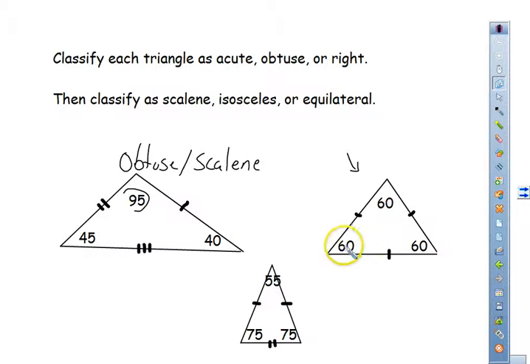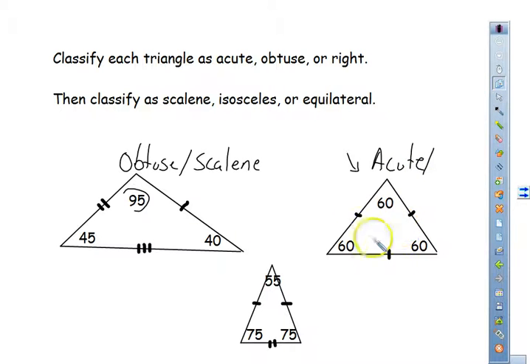Now, for this one, when we're trying to classify this by its angles, we can see that they are all 60 degrees, so they are all the same, and they're all going to be acute. They're all less than 90 degrees. So since all three of them are, then it is an acute triangle.